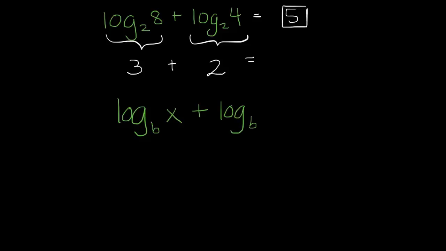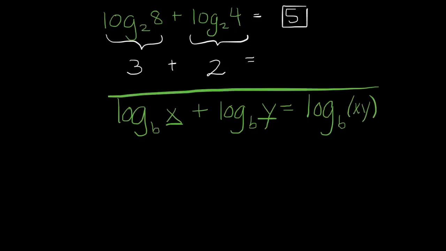Let's say that this is log base B of Y. I'm here to tell you that you can actually add these logs together if you combine them into a single log. So I'm only going to write log once. Keep that base, and then see these two things out here? We're going to multiply them. So x times y. So that is our first log property.